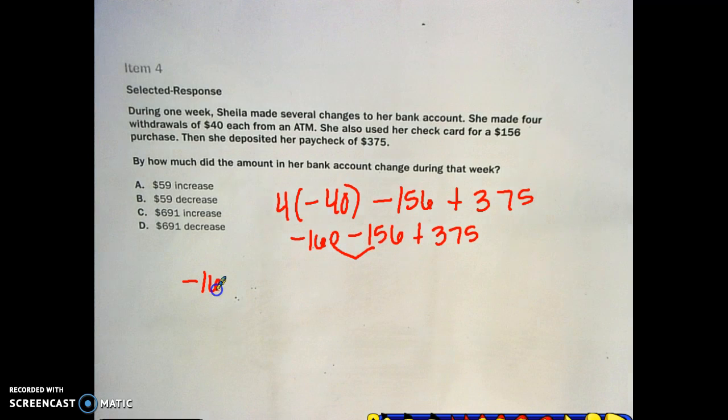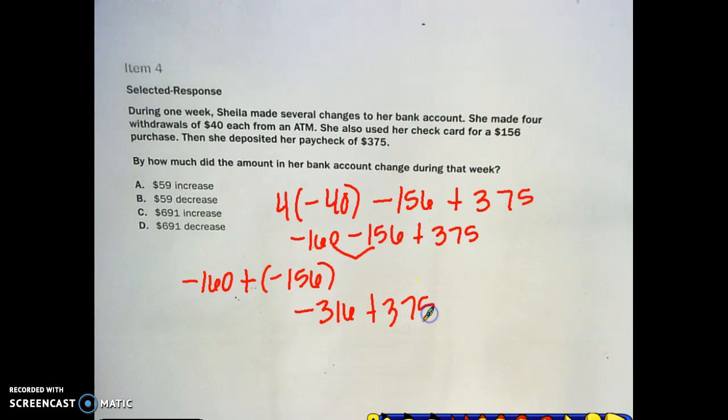She spent $160 plus she spent, additive inverse, $156. The signs are the same, so I add them and keep the sign. 160 plus 156 is 316. So in all, she spent $316.